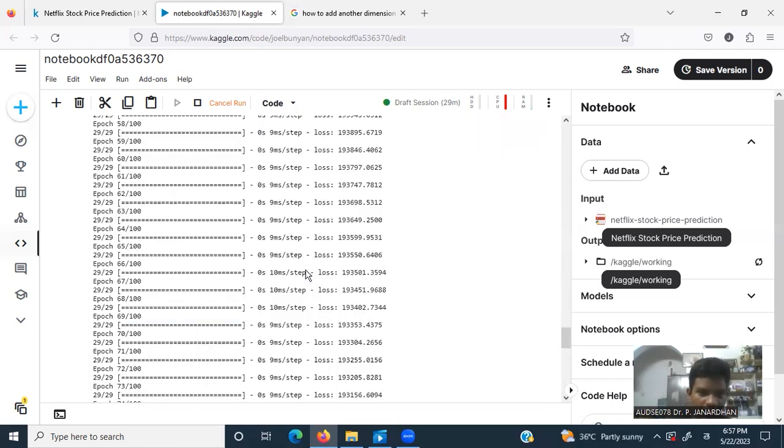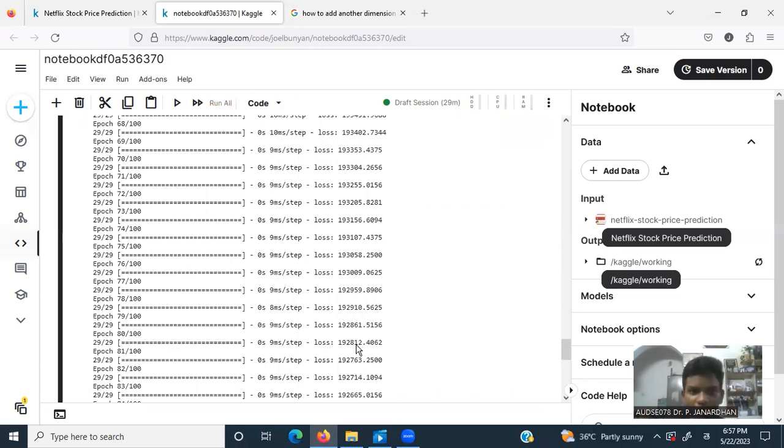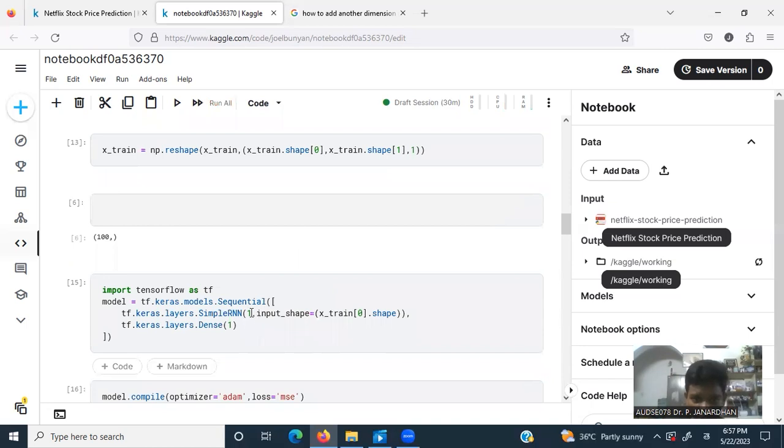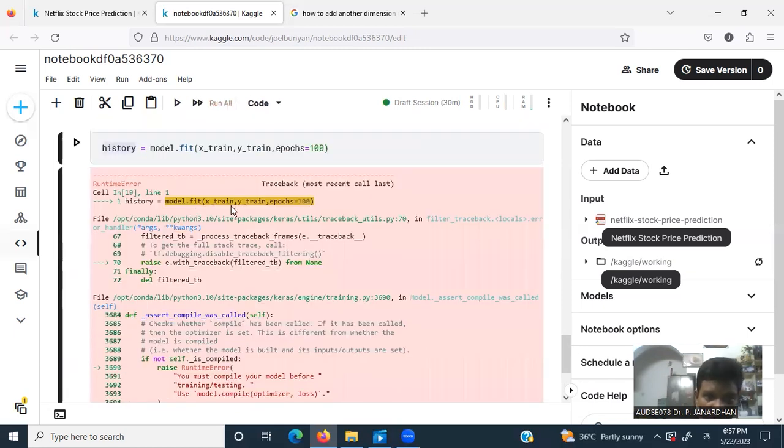Training is done, I think. As you can see, we have a lot of loss, because while training the model I used only one hidden state. Let's say 100 hidden states. Maybe we can find better features, leading to lesser loss.